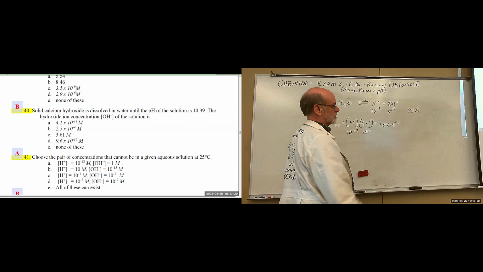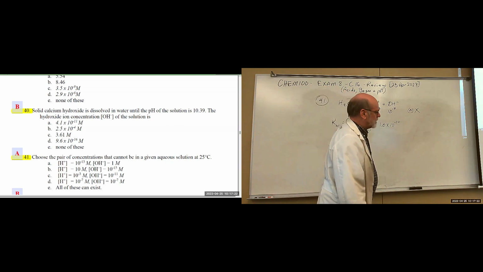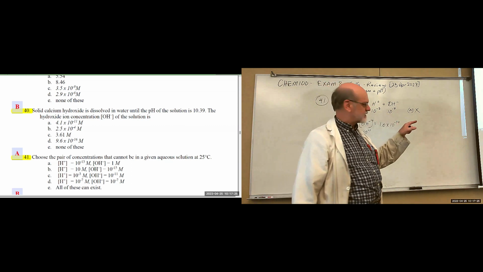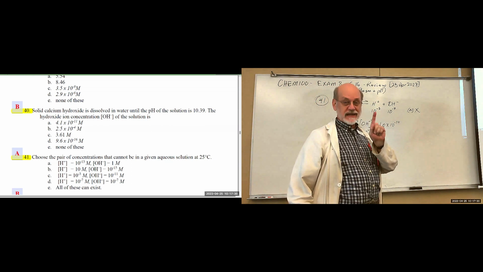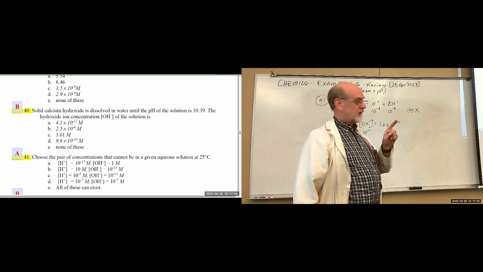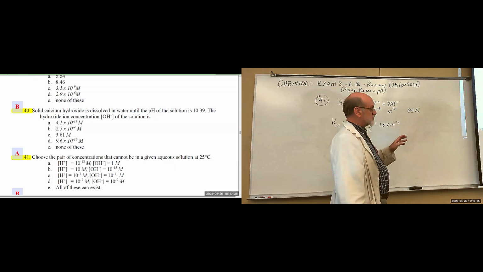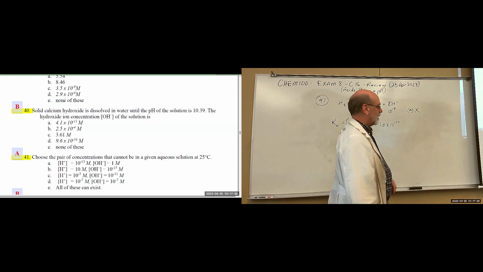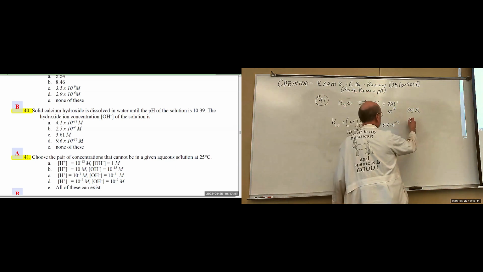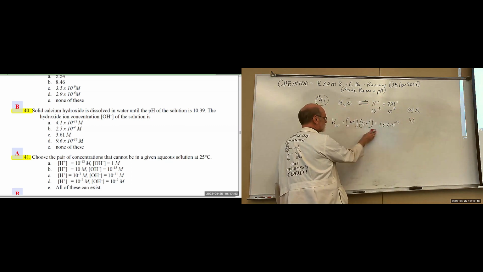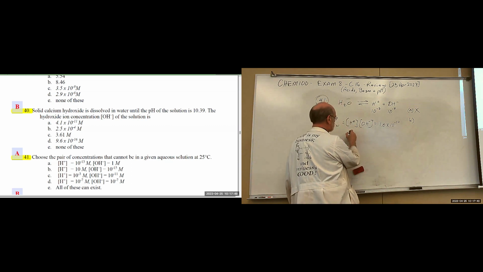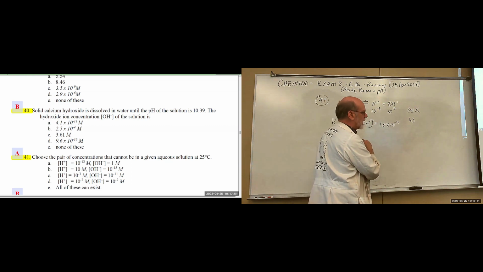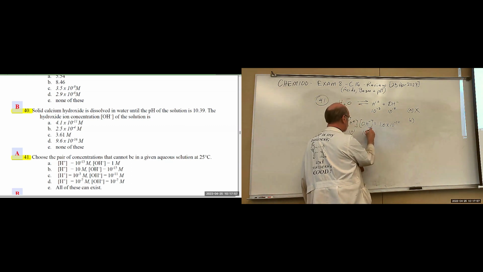Oh, okay. So we found our answer. And E says all of these can exist. No, all you have to do is find one wrong one to negate E. E can't be. So we found our answer, A. The rest of them should be right. What's B? Well, B would be 10 to the first power, and OH would be 10 to the minus 15.